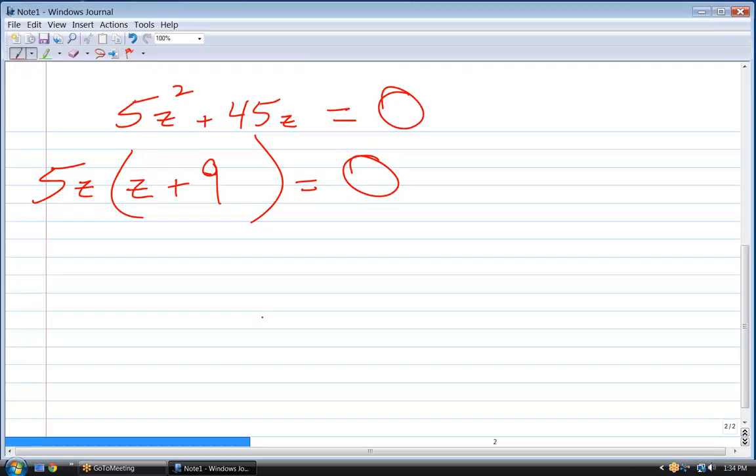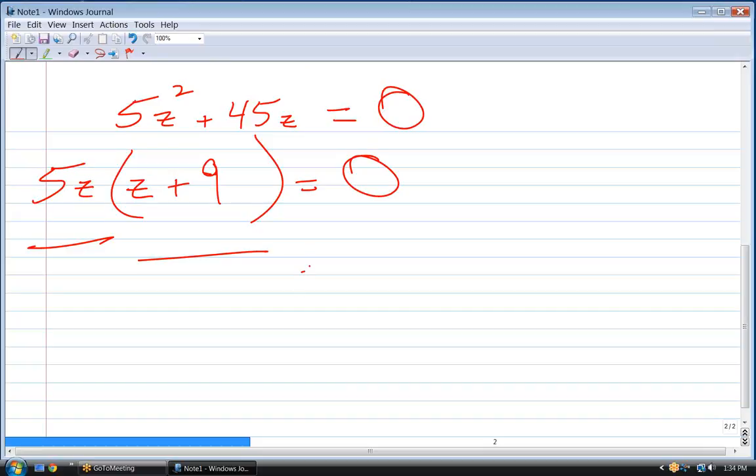The number one theorem of algebra is that if you multiply two things together and get 0, then either one of those things can be 0. So would you subtract the 9 then? What I would say is that either 5z has to be equal to 0 or z plus 9 has to be equal to 0.